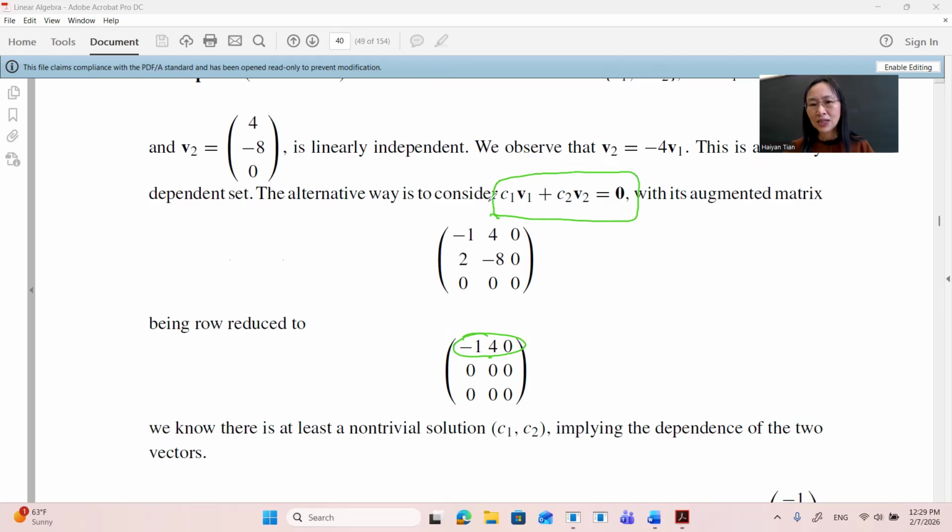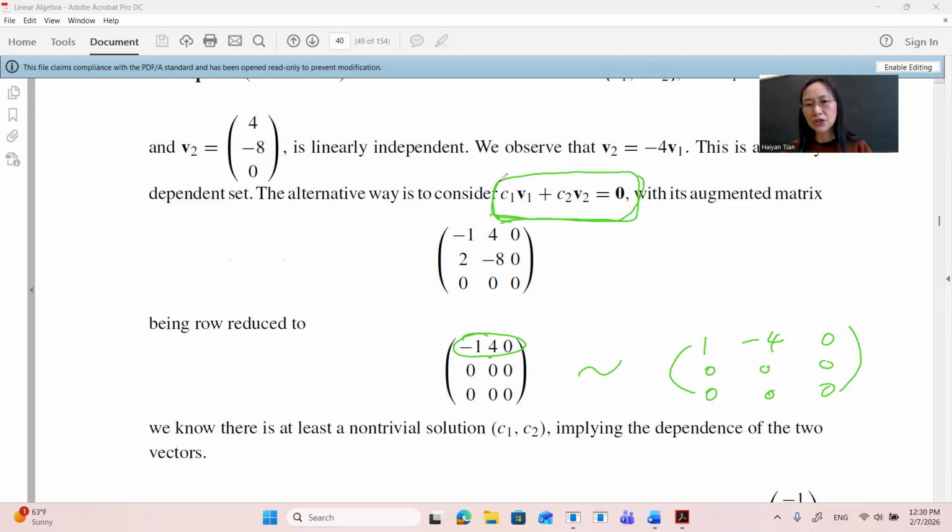And that means C1, if you scale one more time, the first equation can be multiplied by -1. So then a row of 0, another row of 0, then we notice a free variable again. So what is the free variable?